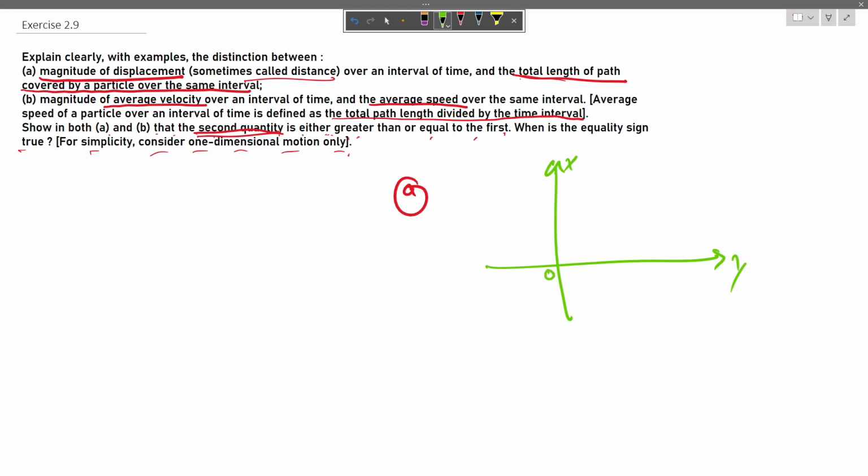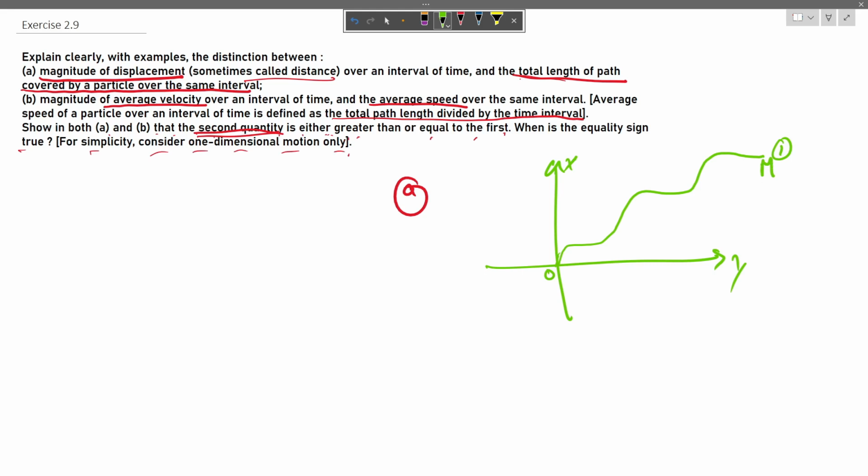This is the origin. Let the particle trajectory be something like this in case A, although this is two-dimensional motion. So this is one path, and the body covers a path like this, which is a zigzag motion from point O to point M.